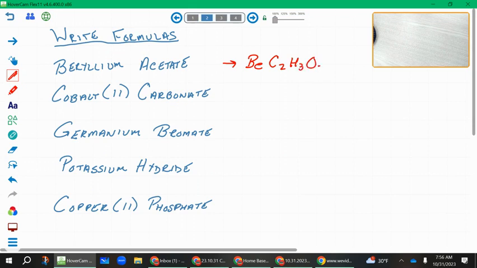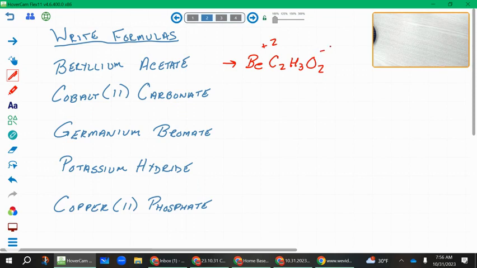C2H3O2. Okay. Now, what's the charge of beryllium, Anthony, based on where it's at on the periodic table? Positive. +2. Now, what is the charge of this acetate group that we have here?